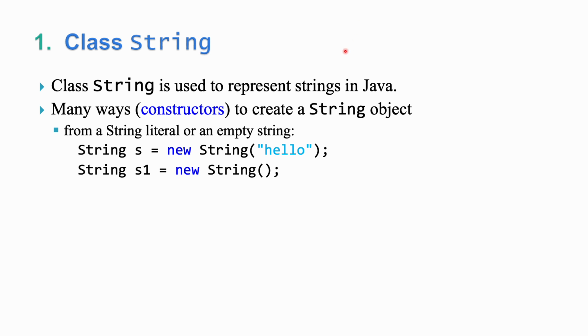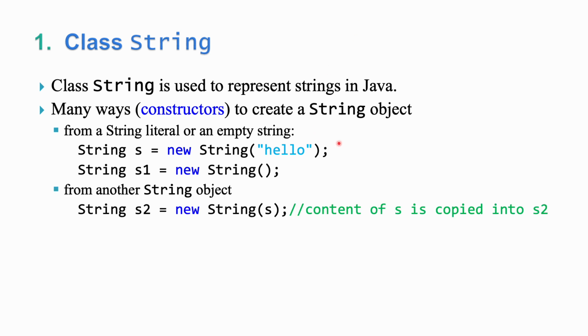Another way to create a new string object is by copying from another string object. For this way, you just pass a string object into the constructor String.